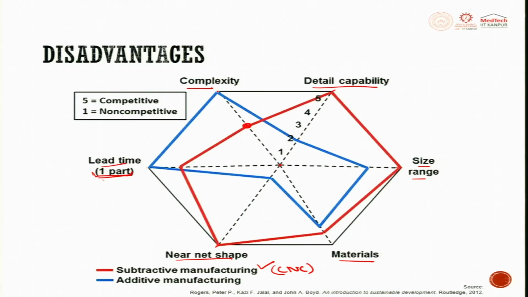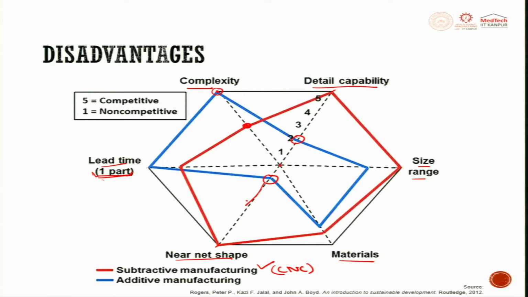In additive manufacturing, it just allows us to re-engineer it, that is, reverse engineer it, and produce any of the complex components. So these are a few comparisons. Now near net shape and detail capability are a few of the drawbacks that still remain in additive manufacturing, but this was also a plot that was made years back.